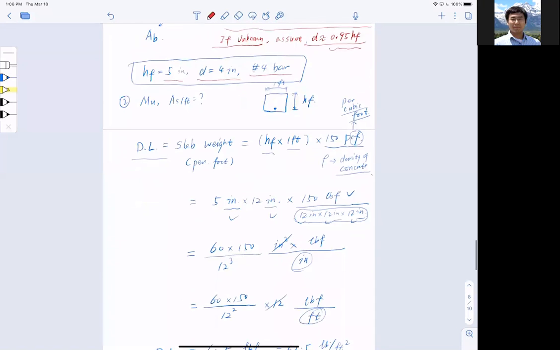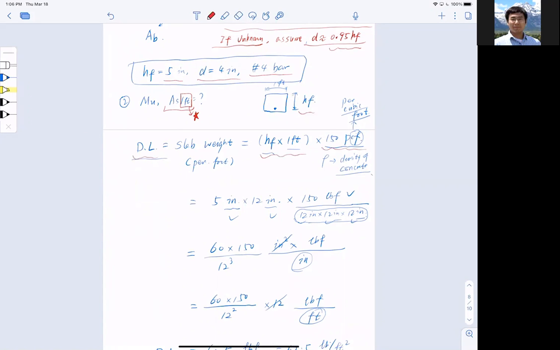Starting from there, we need to find out what is the required reinforcement per foot. This is very, very important. Anything you do with a one-way slab, in fact for all slab design, is always something per foot. So we're given this section, and we need to find the dead load by using the area and multiplying by the density of the concrete.